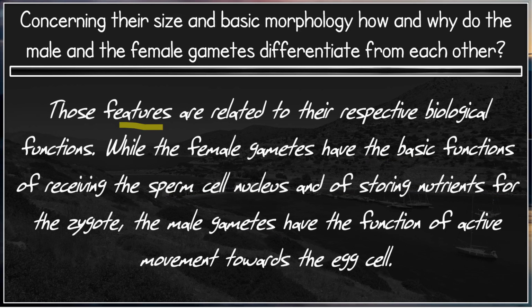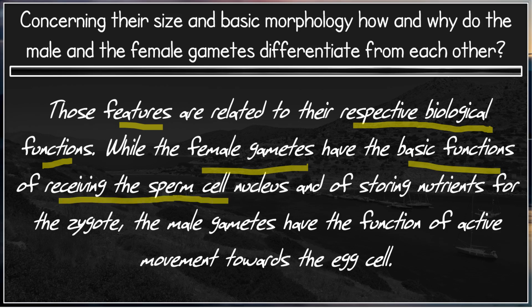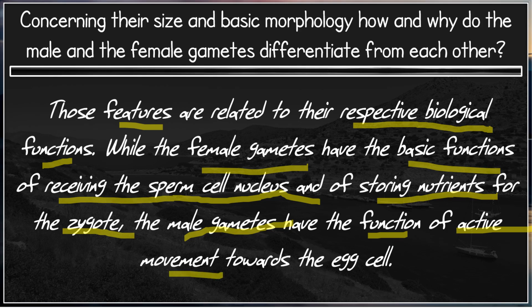Those features are related to their respective biological functions. While the female gametes have the basic function of receiving the sperm cell nucleus and storing nutrients for the zygote, the male gametes have the function of active movement towards the egg cells.